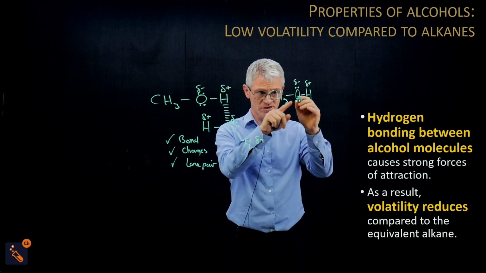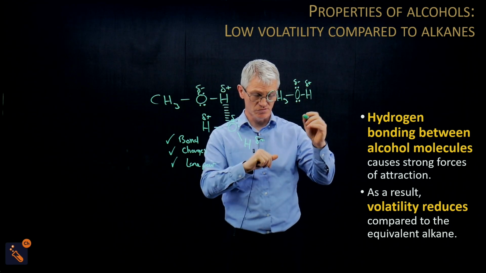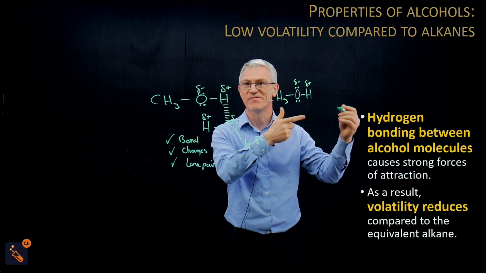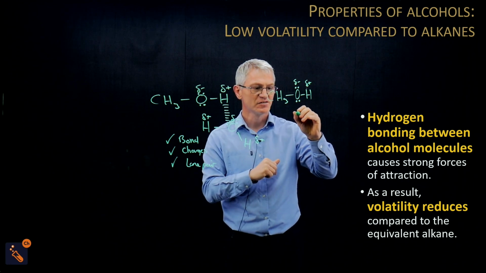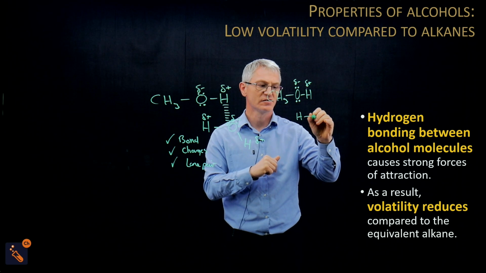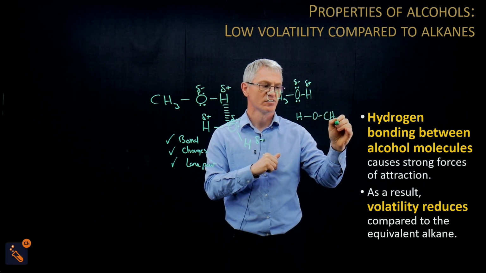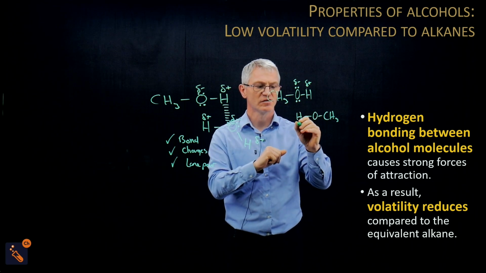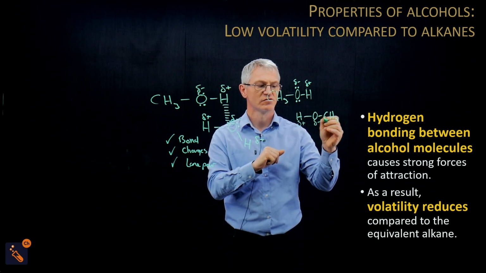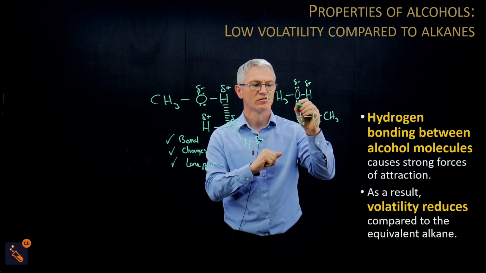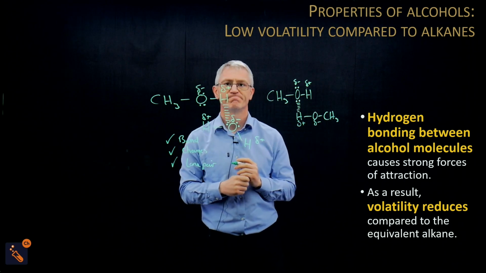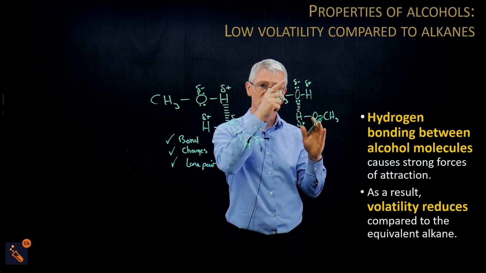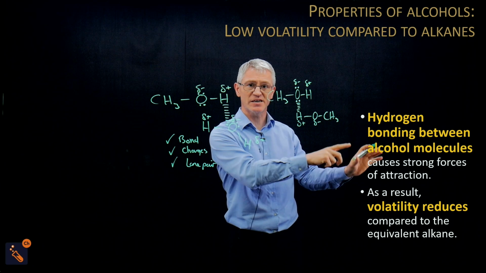I want an H to line up because a hydrogen bond means an H bonding to an O, N or F. So there is my other alcohol. I've lined up the H and the O, then I'm going to do my charges again, and then my hydrogen bond.